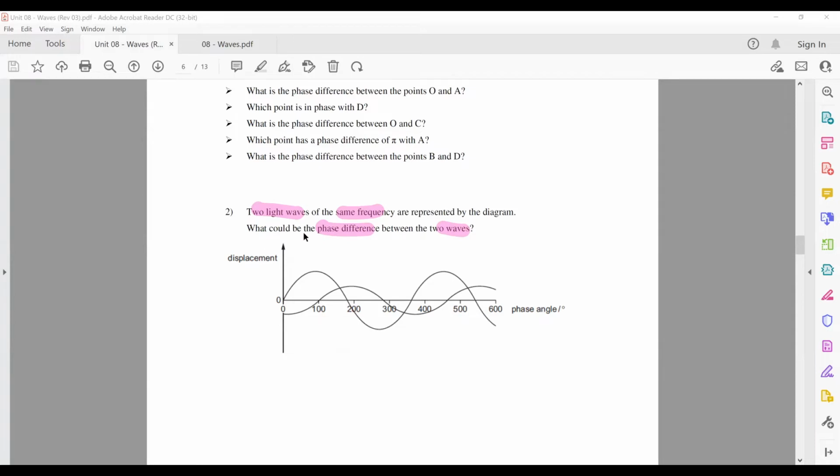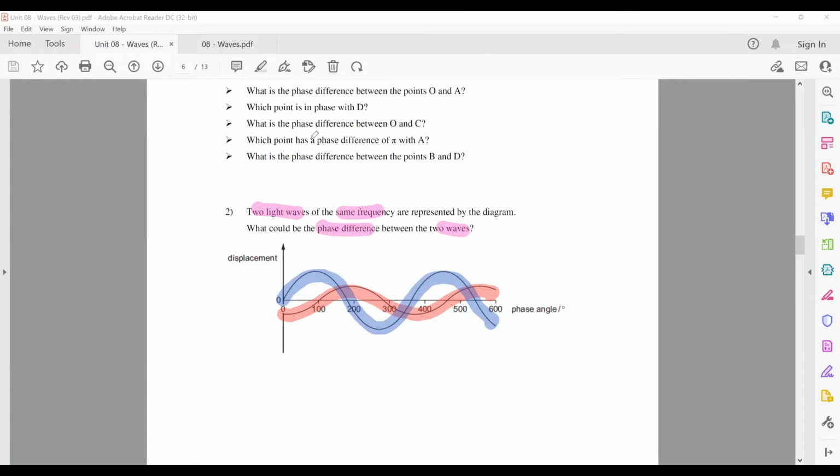So the first thing you would want to do is to pick 2 points that are similar to each other on each wave. There's the blue colored wave and the red colored wave. A good place to pick would be a crest.